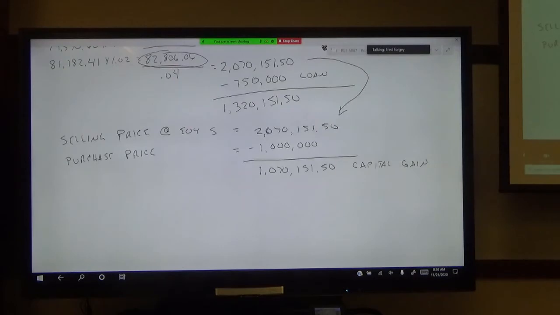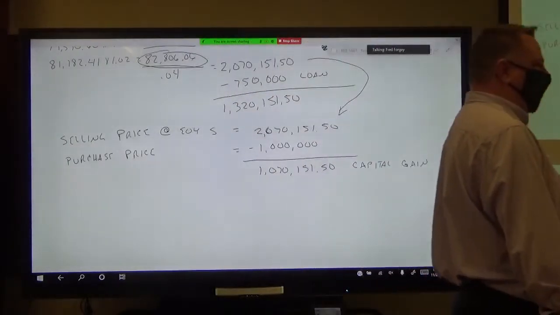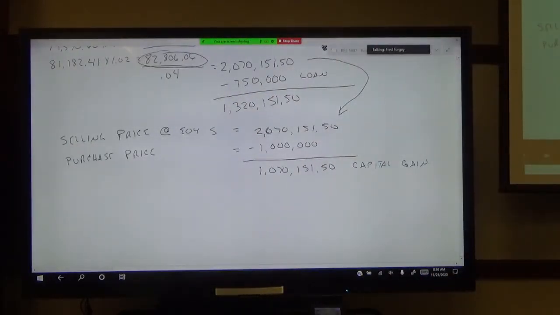Now, the question is, how much of that capital gain do we, as the investor, want to give away? Well, the simple answer is none of it. But assuming that the developer demands that we give them some piece of the pie with regard to the upside on the valuation of this property.